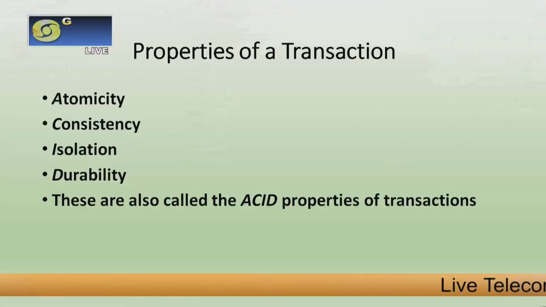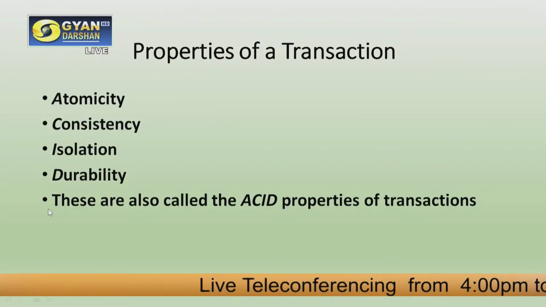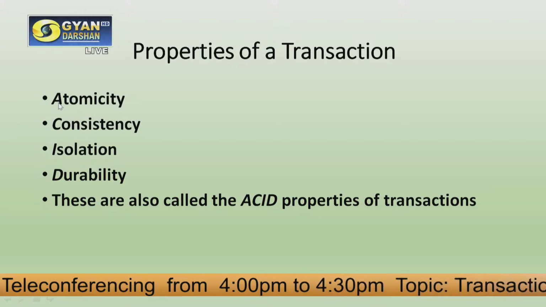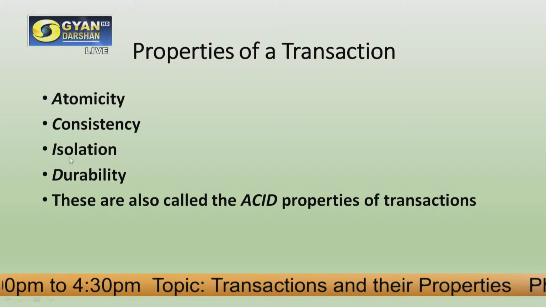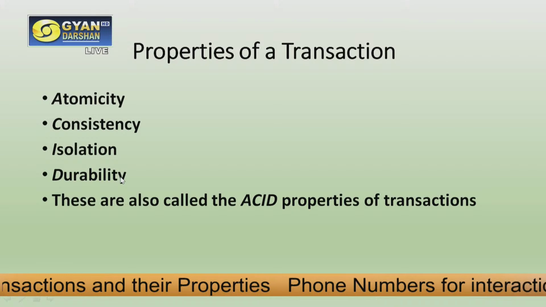And each letter in ACID stands for a term. So there are 4 things which are called the properties of a transaction. First one is atomicity, second is consistency, third is isolation, and the fourth is durability.